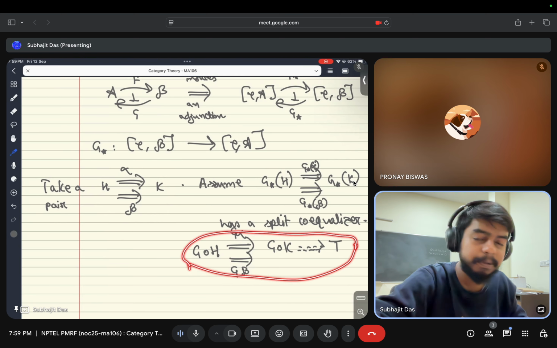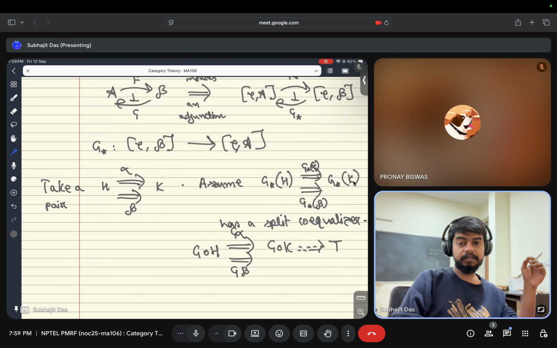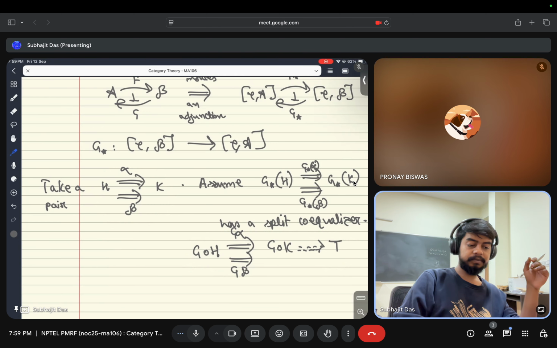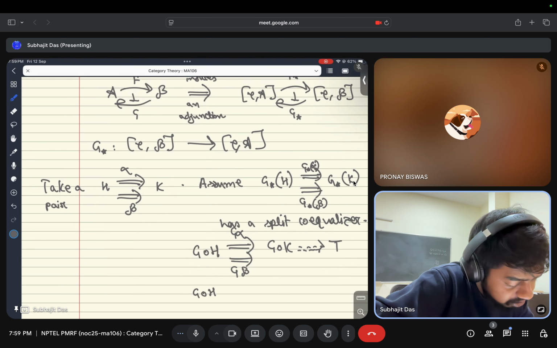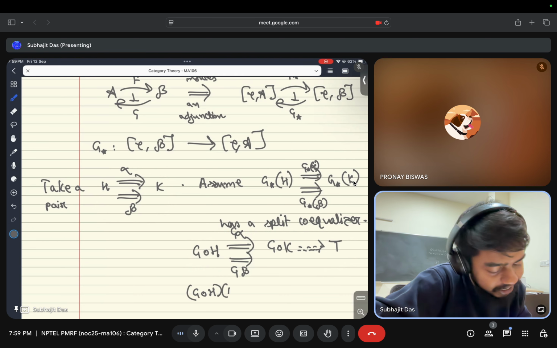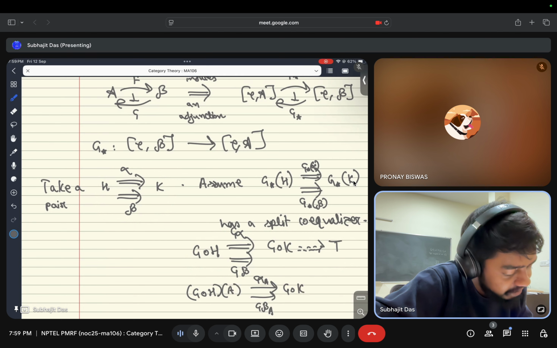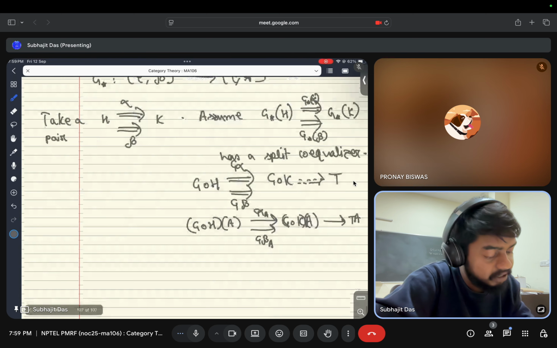The interesting thing about split co-equalizers is that they are absolute co-limits. So what can we say? In particular, we can say that G composed H of some object A, G alpha at A, G beta at A, G composed K at A to T at A, this is a split co-equalizer, right?